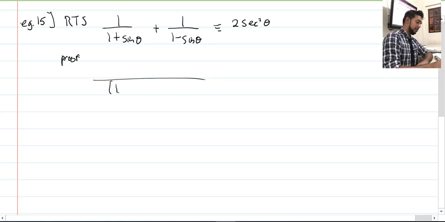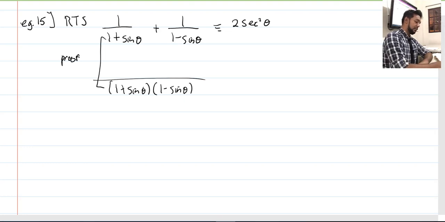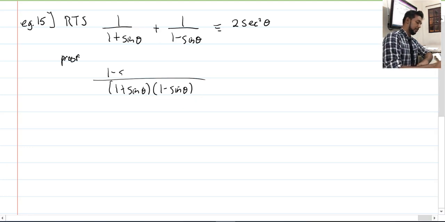So if you want, you could start off by showing you have your 1 plus sine theta multiplied by 1 minus sine theta. And same thing, 1 plus sine theta into that denominator will give us back 1 minus sine theta, multiplied by 1 will give us 1 minus sine theta. Yes?